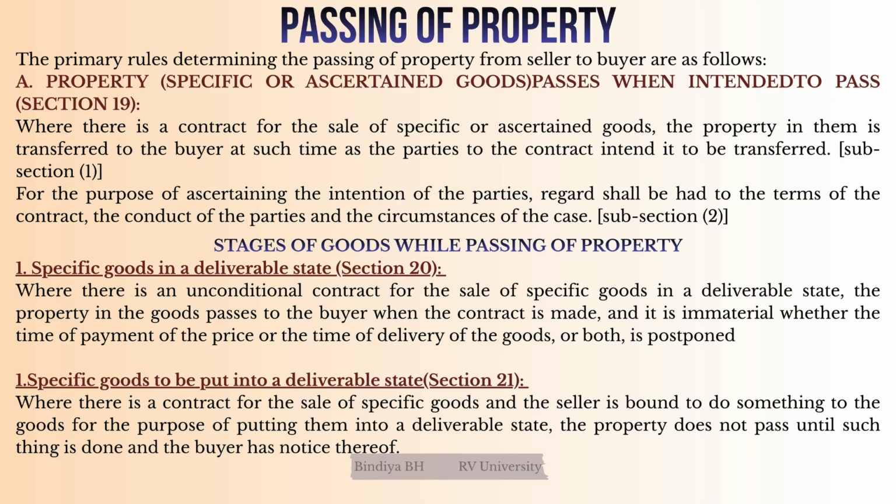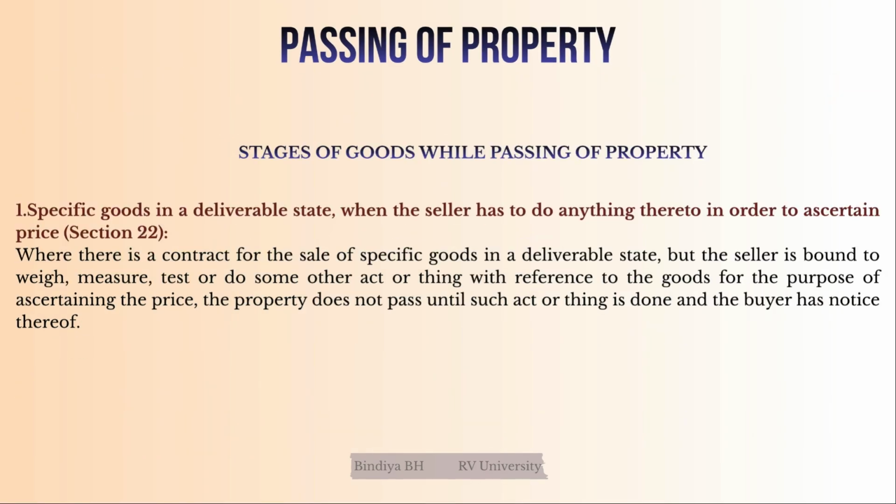So, after understanding rule 2, we can understand that readiness of goods is also a crucial condition. Now, let's move to rule 3. What is rule 3? If specific goods are in a deliverable state, but the price depends on weighing, measuring, etc. Even if the goods are in a deliverable state, something must be done in order to ascertain the price. In such a case, ownership passes only after that act is done and the buyer is informed.